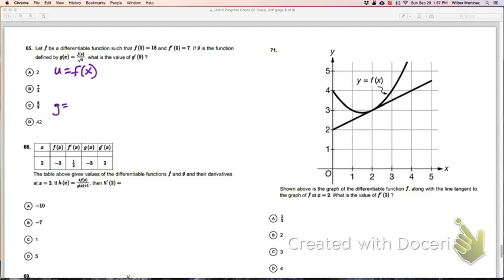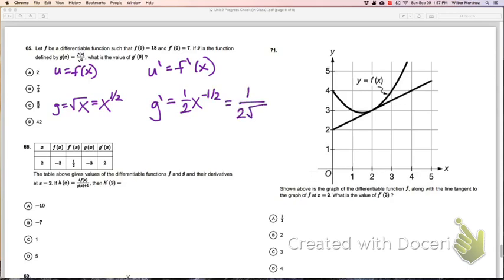U prime would be f prime of x, and v prime would be the derivative of x to the 1/2, which is 1/2 x to the negative 1/2. And if I rewrite that back, it would be 1 over 2 radical x, 1 over 2 square root of x. So if I evaluate now at the value they're looking at, which is 9, I get f of 9, which they tell me in the original problem is 18.